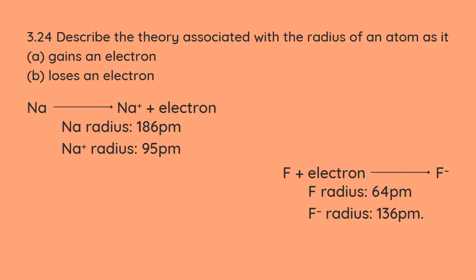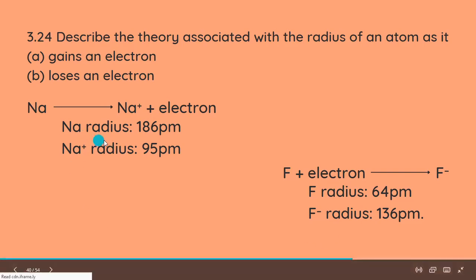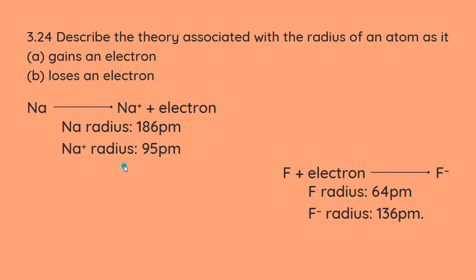When an atom loses an electron, it leads to the formation of a cation, and it leads to a decrease in the ionic radius. This is because the nuclear charge stays the same, but the number of electrons is less. So the nucleus is able to pull the electrons towards itself, and the radius of that particular ion is less.